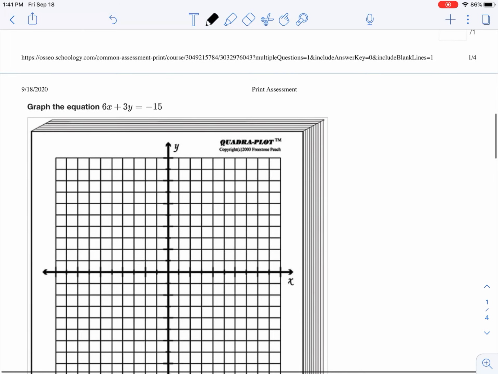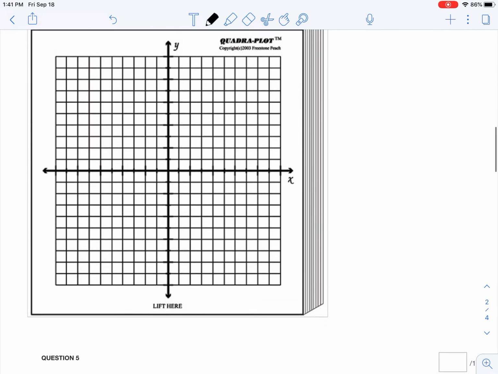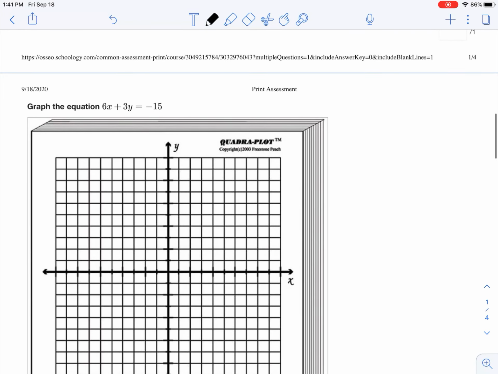In this next question, we're given this equation, and what we're supposed to do is graph it. Okay, we can do that. Again, it is easiest and quickest to get to the answer when you put it in this form. So let's take this equation that is given, and I want to subtract 6x from both sides.